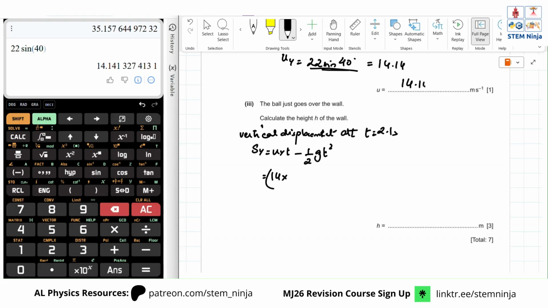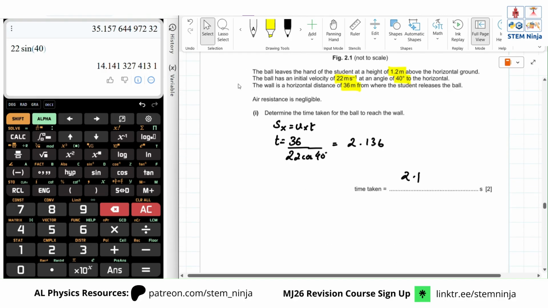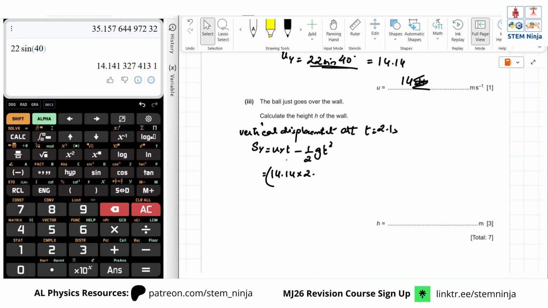Actually, you could use 14.14 also, times 2.136, minus half times 9.81 times 2.136 squared.